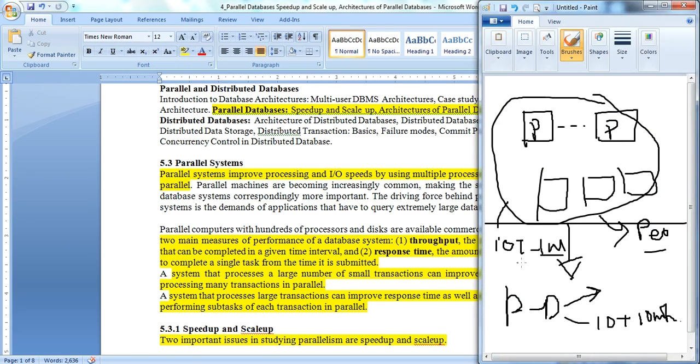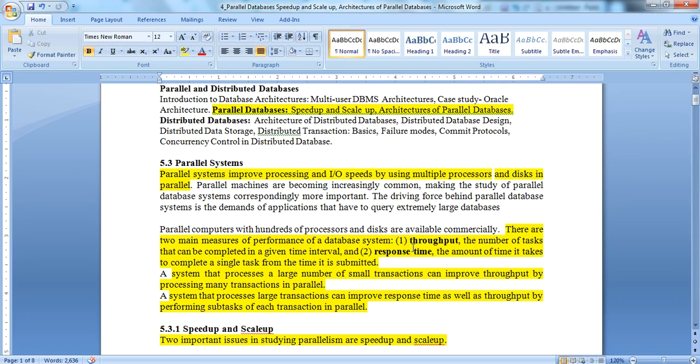For example, this configuration completed 10 tasks in 1 minute, and this one completed 10 tasks in 10 minutes. This one completes 10 tasks in 1 minute, and this one completes one task in the same time. This is called the throughput of the particular system.